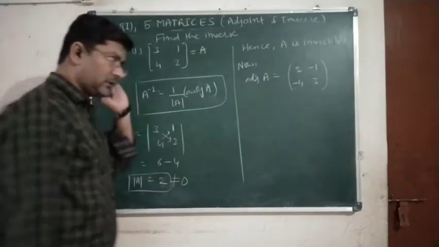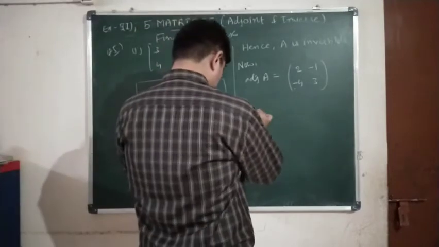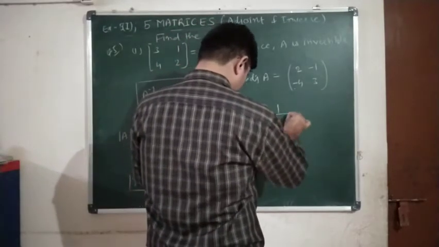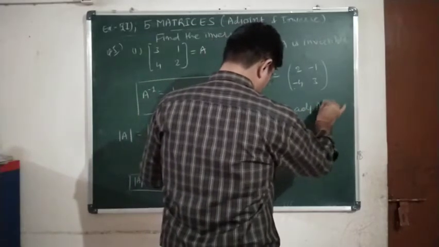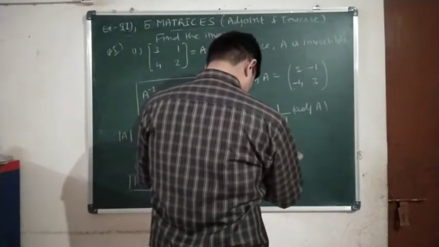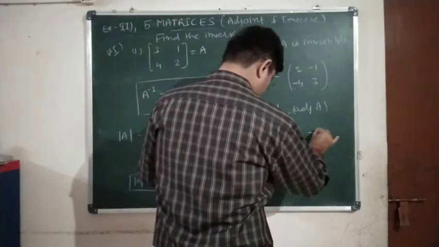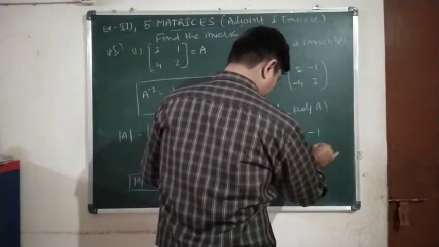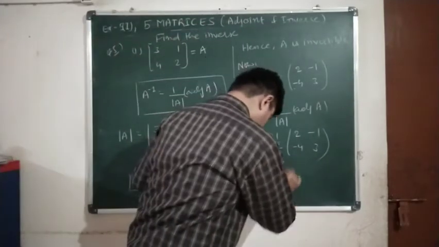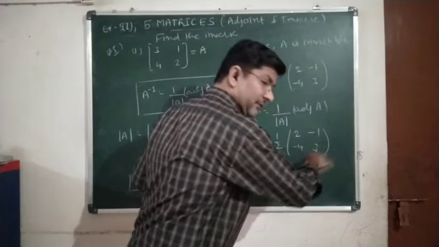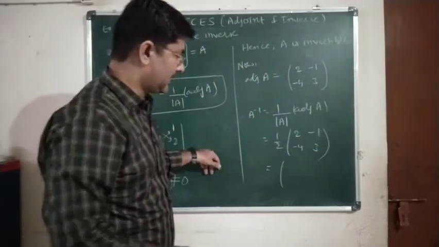Now let us put the values in the formula. Therefore A inverse is equal to 1 upon determinant of A into adjoint of A, which is 1 by 2 into 2 minus 1 minus 4, 3. You can keep this as the answer, or if you want to show one more step, you can divide each term inside the matrix by 2.